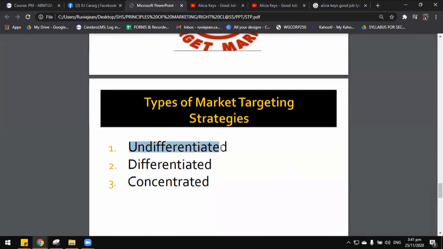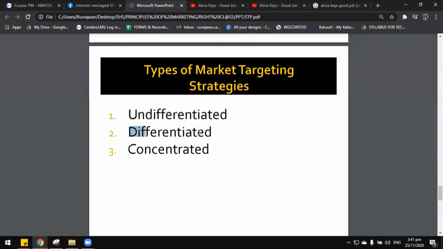Should it be undifferentiated, which in mass marketing din ang tawag natin, wherein we offer products and services na may generalized feature. Differentiated ba siya? Ibig sabihin may highly specific feature tayong ino-offer para sa segments na napili natin.